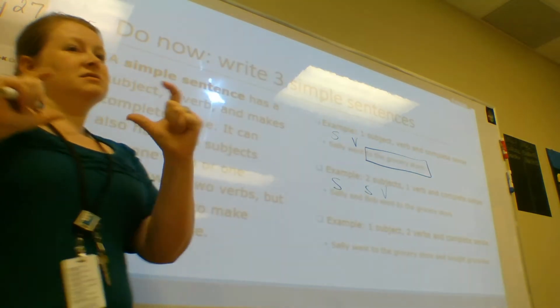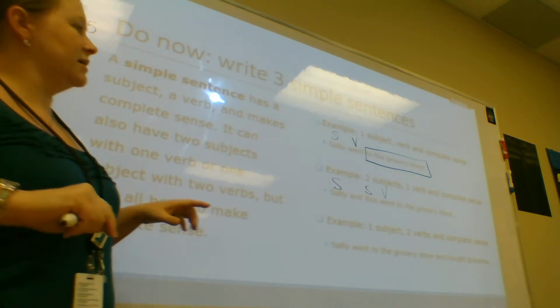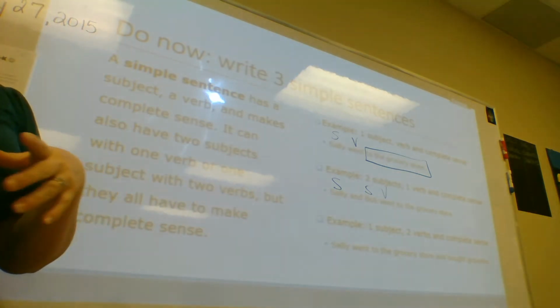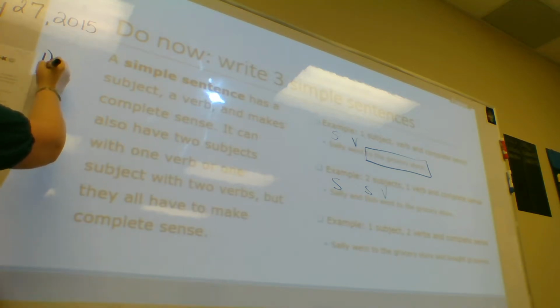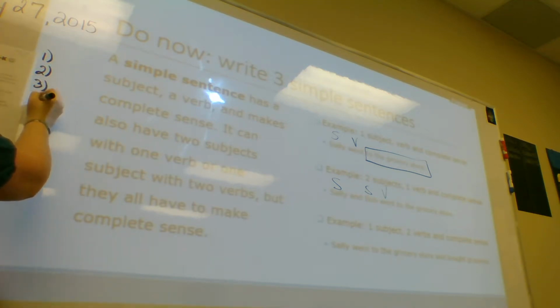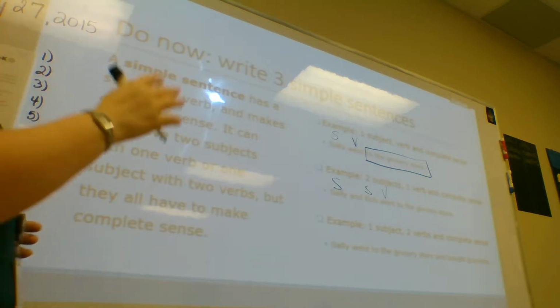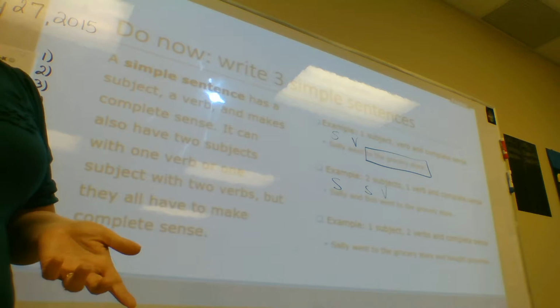Now just a quick tip for you guys. Oftentimes you're going to see questions on standardized tests that are structured like this: 1, 2, 3, 4, 5. You have 5 options, and they may say, what is the subject of this sentence?